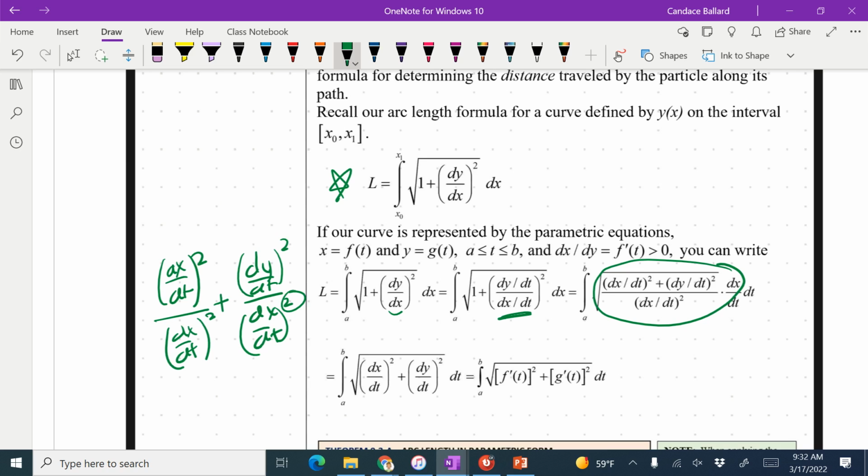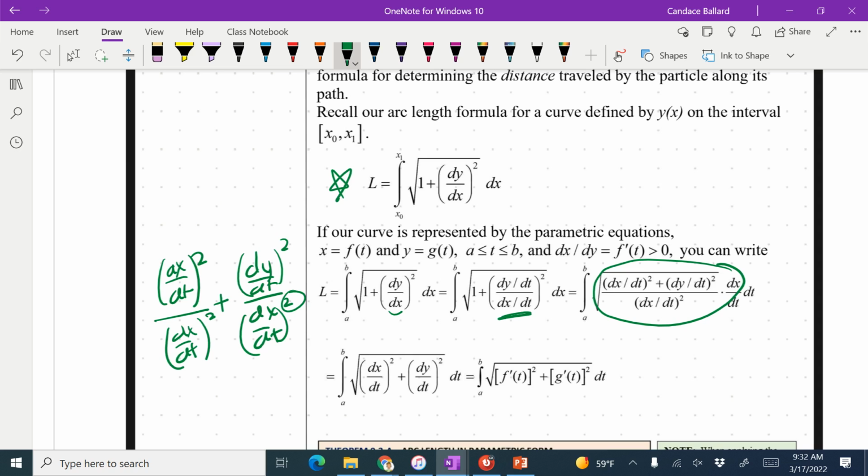Then, and I don't know why they did that, because look at what they did in the next line. The next line, they basically broke it up, right, into, what did they do in the next line? They got the (dx/dt) squared. They did some canceling somewhere, yeah.